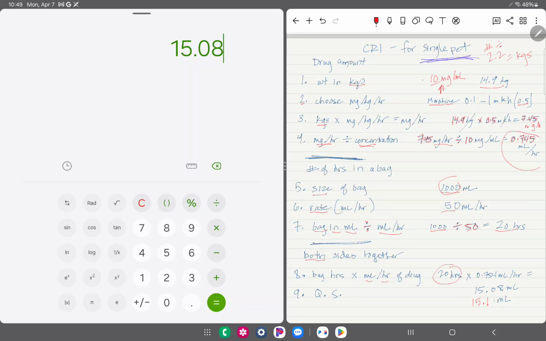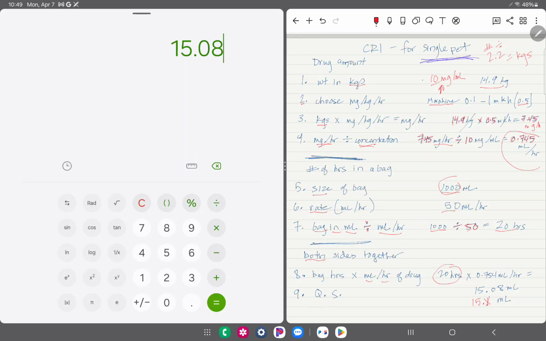What if you say, well, I'm crunched for time, I don't want to draw up that silly 0.1. You don't have to. That's okay. I would say that a CRI is not necessary to be 100% as accurate as possible, and that's okay. Not to say we shouldn't be doing our due diligence, but the difference between 15 and 15.1 is fairly negligible.